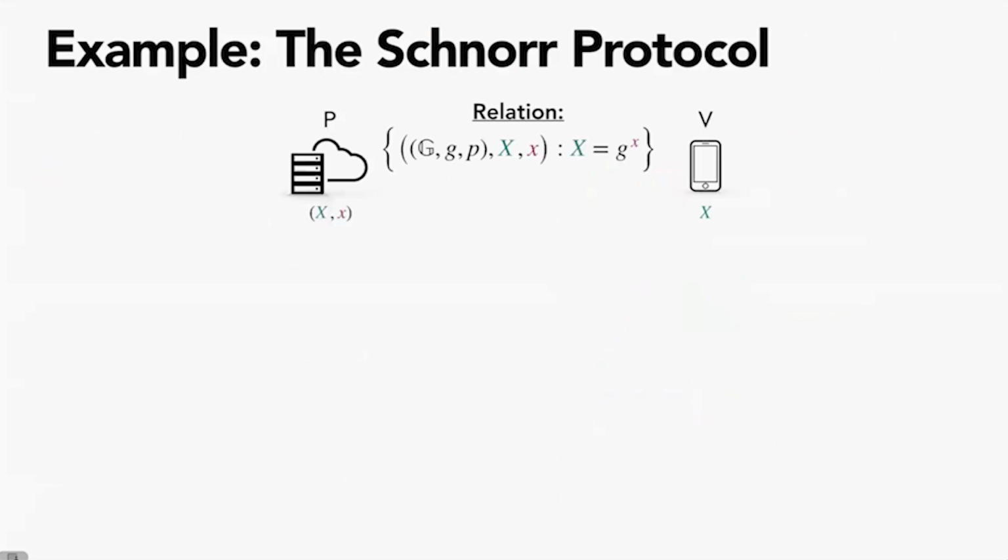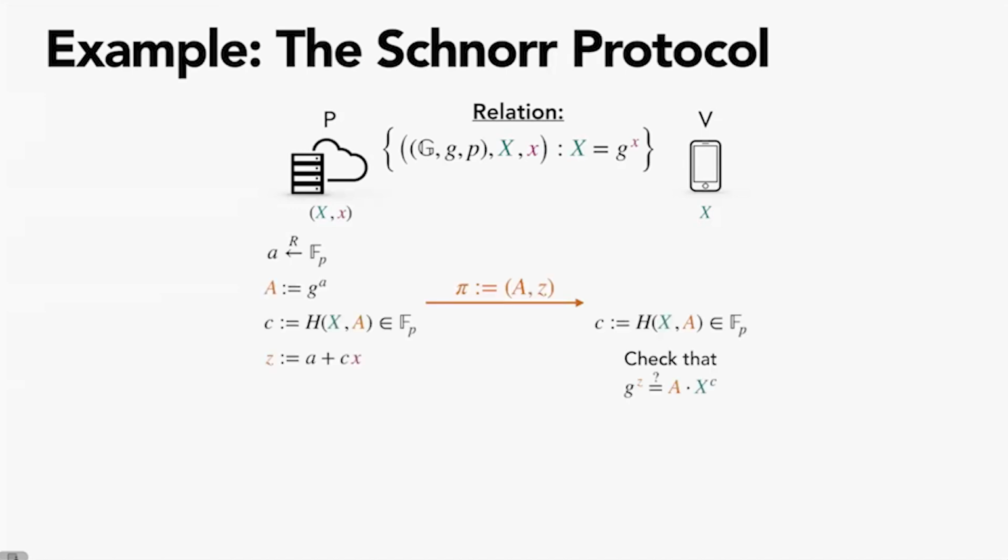Let's go into a simple protocol. Let's go into this SNARK protocol, which is used to prove the knowledge of the discrete log of some group elements. So here you have some group element big X in some prime order group, and you want to prove the knowledge of its discrete logarithm with respect to this base G. Let me also just recall the protocol very quickly.